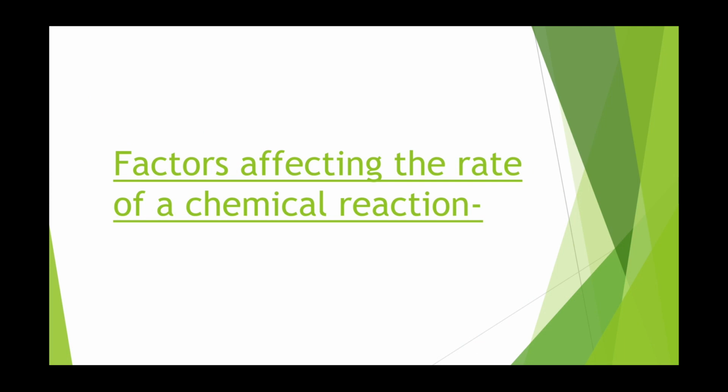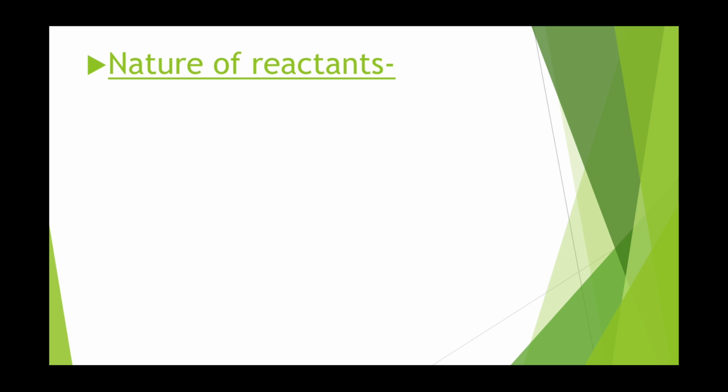Factors affecting the rate of chemical reaction. The first factor is the nature of reactants. If the reactant is chemically more reactive, then the rate of reaction will be more.